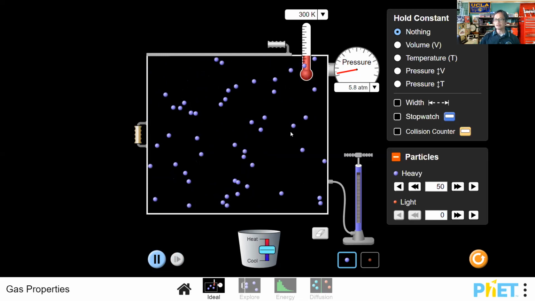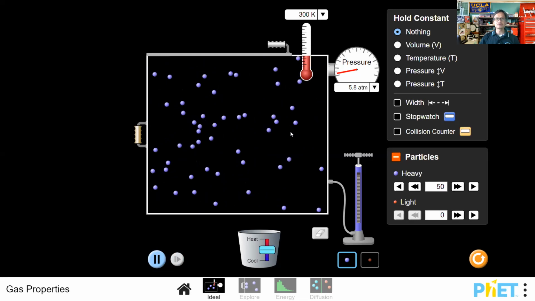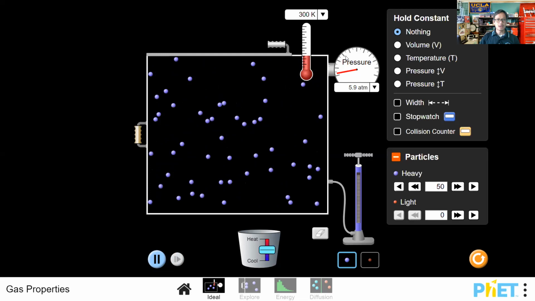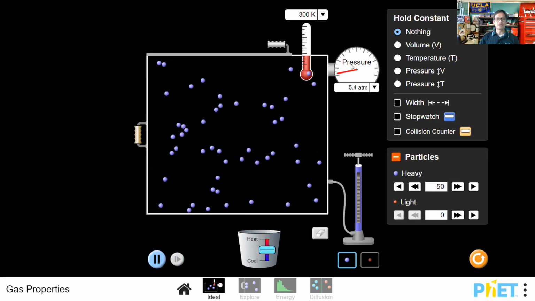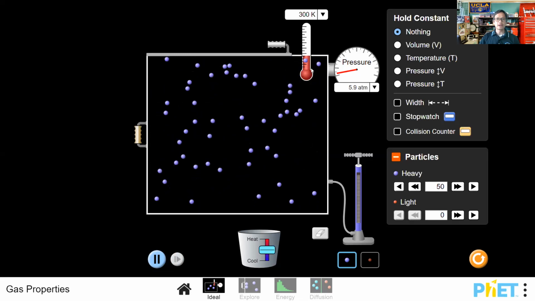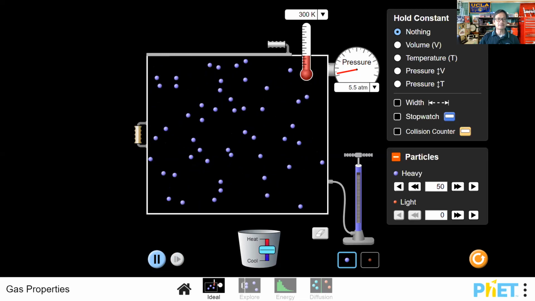We're able to relate the macroscopic observations, making a reading of the temperature on the thermometer and a reading on this manometer here, and see that the pressure and the temperature here are related to the motion of these particles inside the chamber.